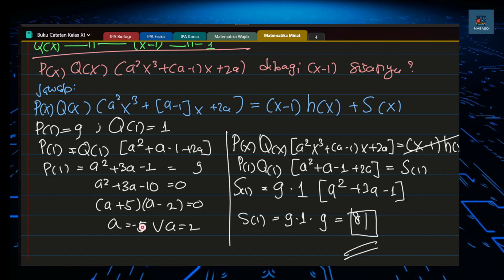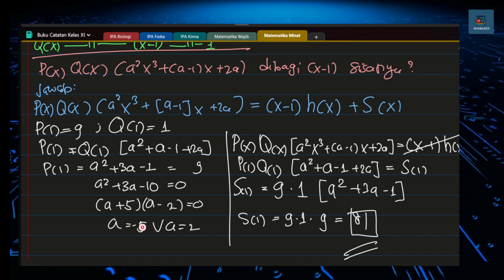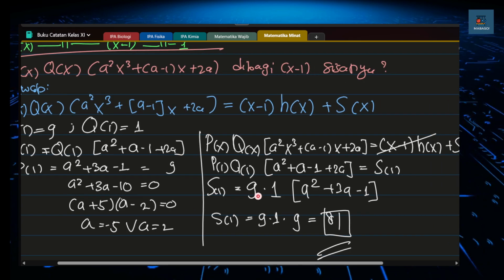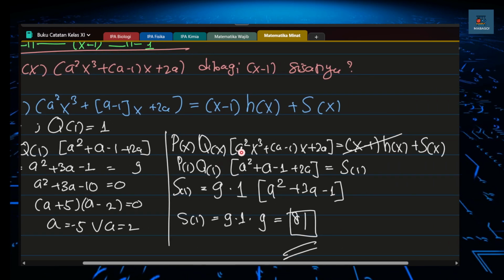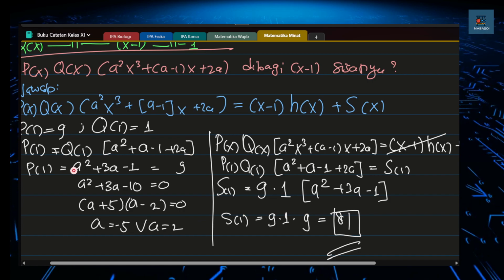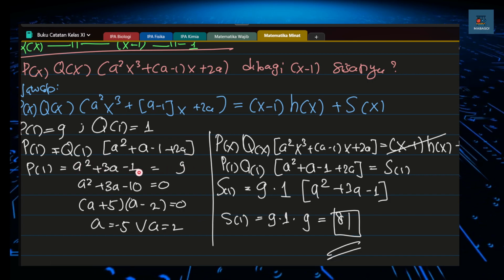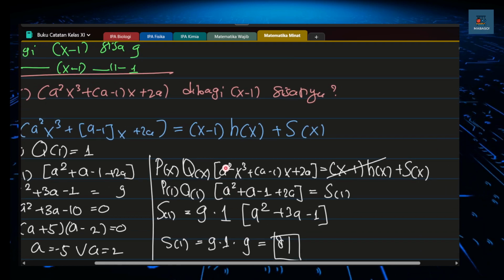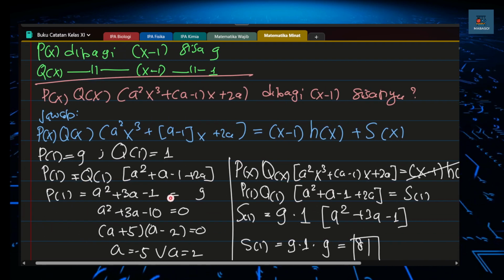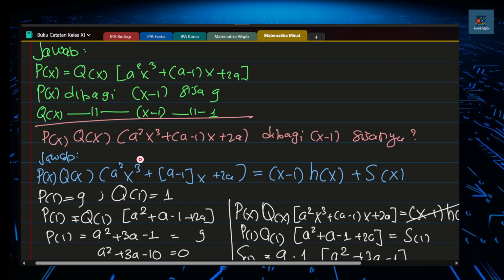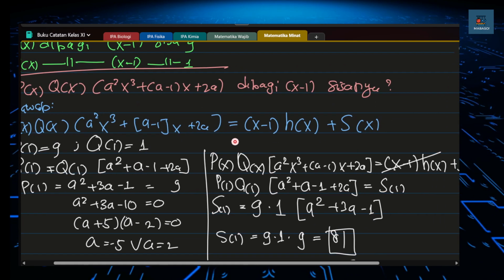Well, it's not useless exactly, but we just don't need it for the sake of solving the question. We only need this information: a squared plus 3a minus 1 is equal to 9. We already know some information from the question. Now we do the question.